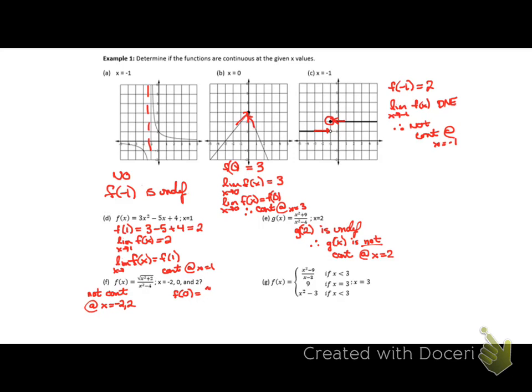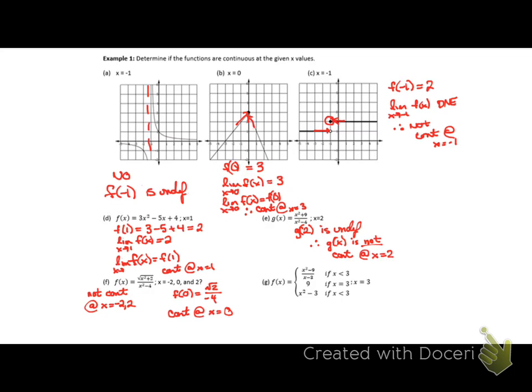Well, that means we get the square root of 2 over negative 4, which means the limit is also the square root of negative 2 over 4. So because they're the same, it is continuous. Negative root 2. Oops. It's not continuous there. It's continuous at 0, because that's what we got when we plugged in 0.